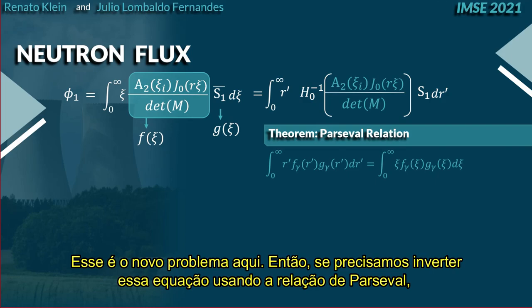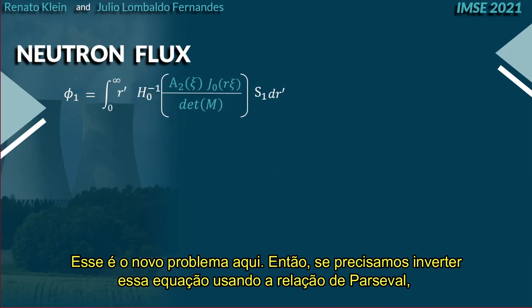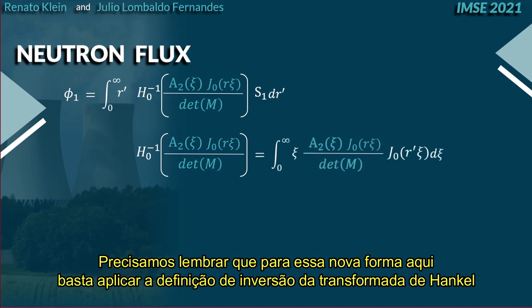So if we need to invert this equation using the Parseval relation, we need to remember that this new form that we need to invert we can rewrite, of course, by the definition of the inversion of the Hankel transform. That is that one.